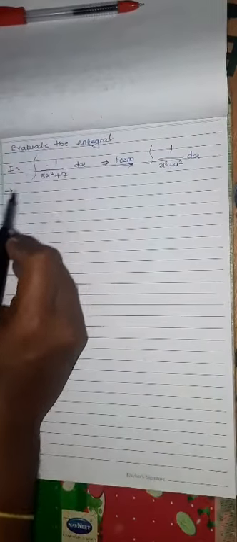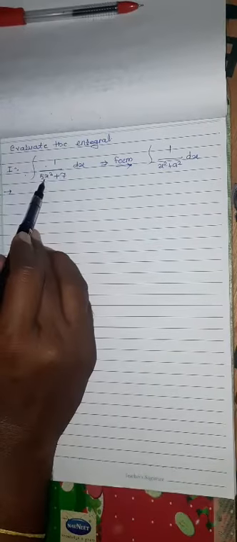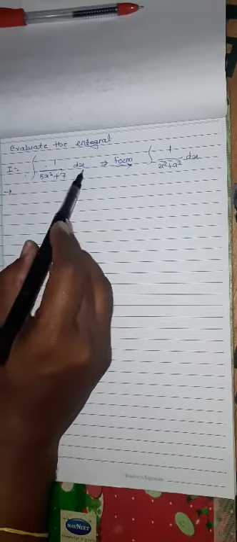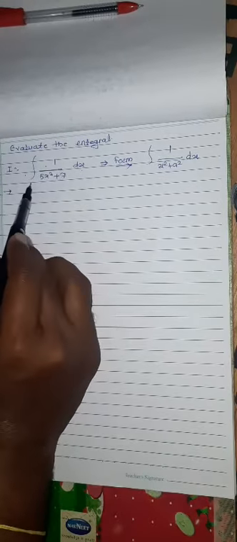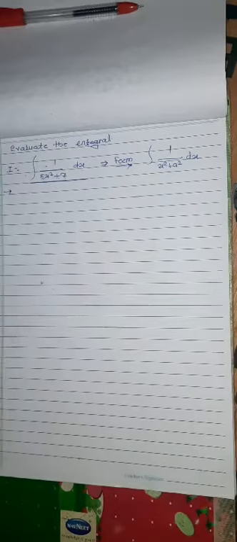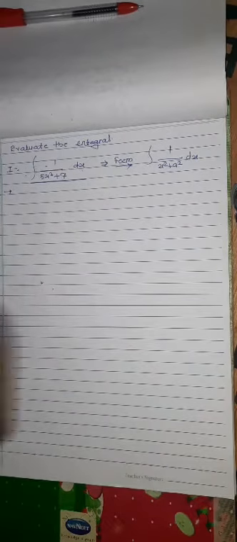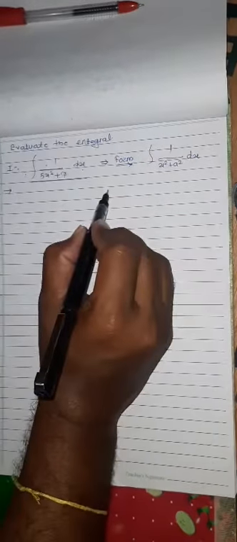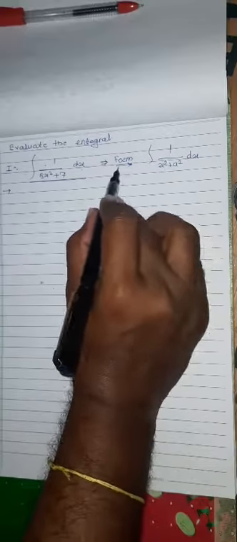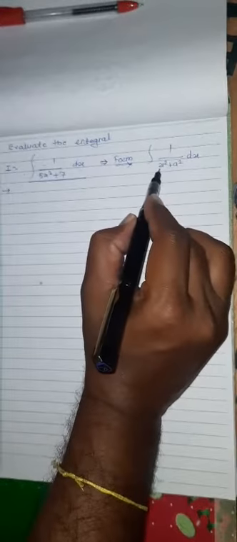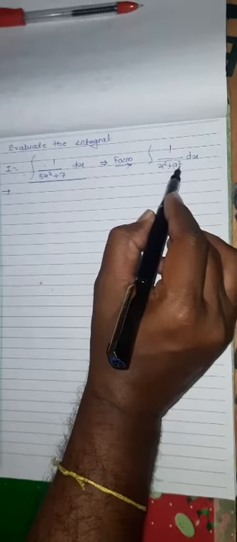Now see here, we have to take the integration of 1 upon 5x square plus 7 dx. This is a special integral. For its solution we have to convert this integral into the form of integration of 1 upon x square plus a square.